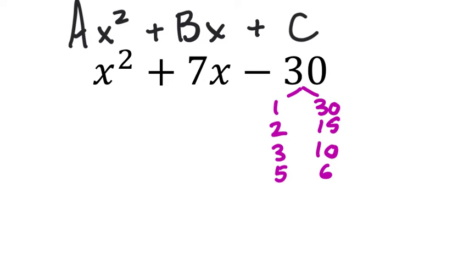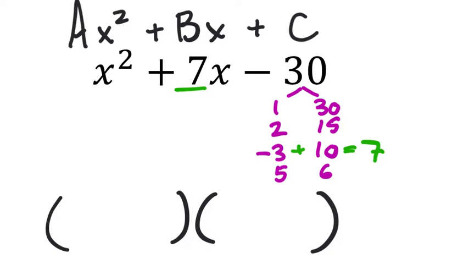The question is, which of these would we have to make negative in order to make the addition problem a positive 7? So that's what I'm going to do. I'm going to make the 3 a negative, because if I took negative 3 and added the 10, I would get that middle coefficient, 7. Okay? So this means I can set up my two binomials. Remember, we got the x's first, but then we just take those two values.